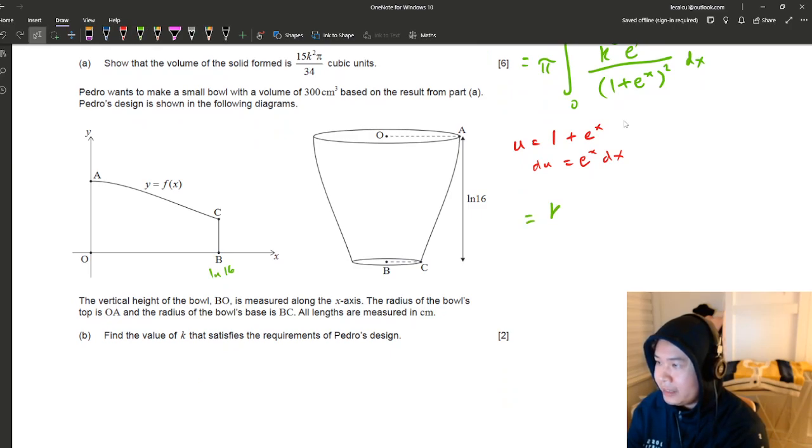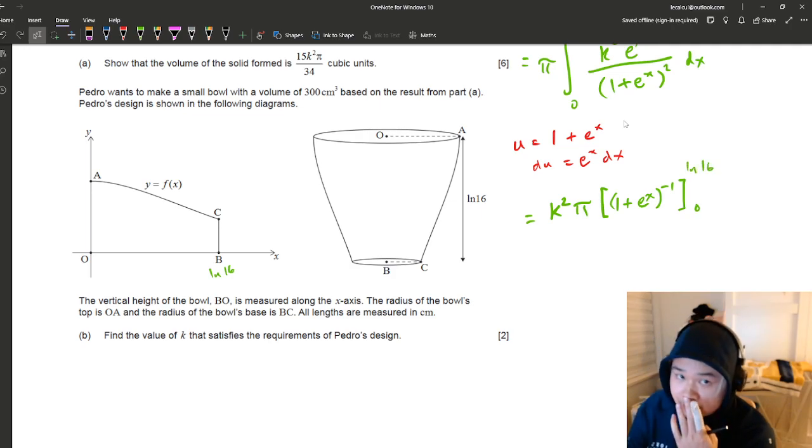So we have our k squared, we have our pi, and then this is going to be the integral of, I think it's just 1 plus e to the x to the negative 1 from natural log 16 to 0, or 0 to natural log 16.